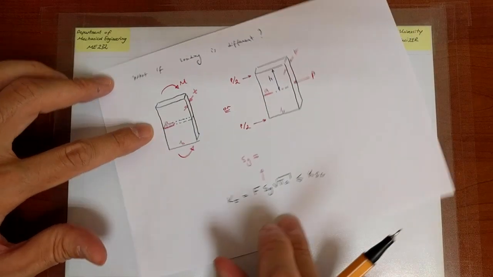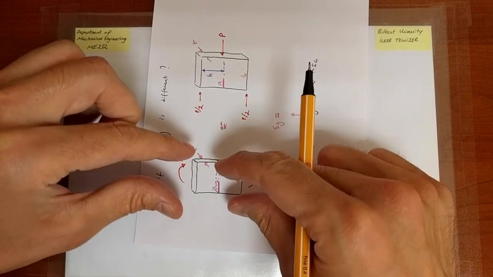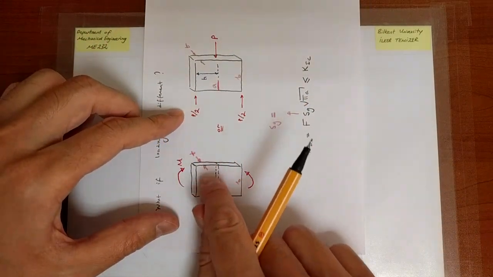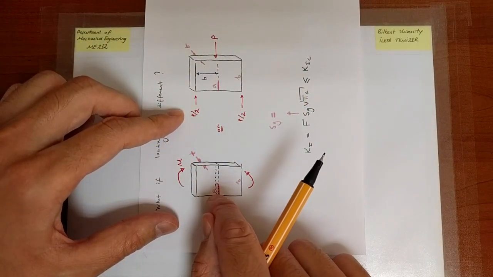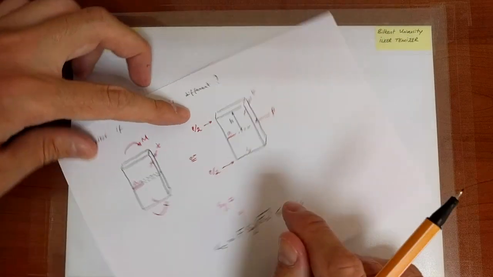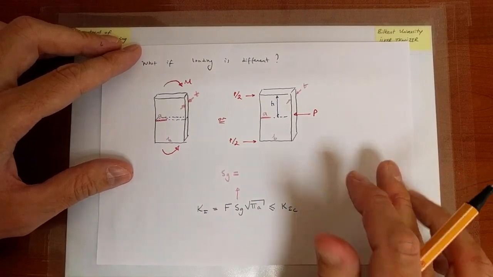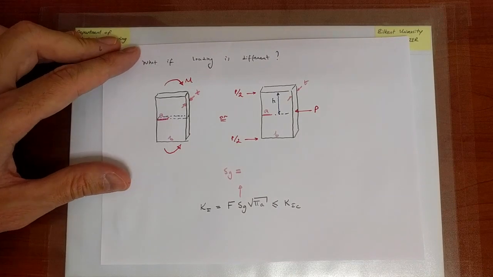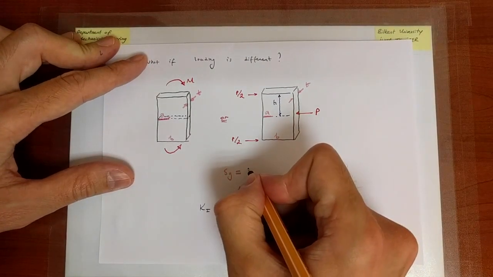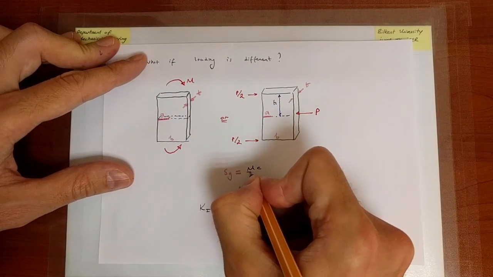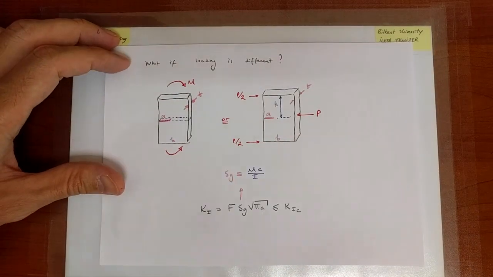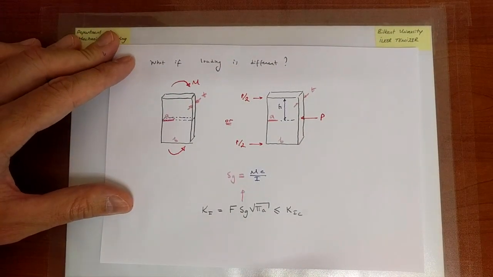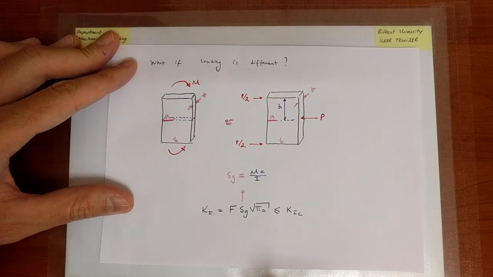So this is a simple loading scenario, and the maximum stress at the blue cross section is simply delivered through MC over I. That's our equation that we remember from ME 231, mechanics of materials.